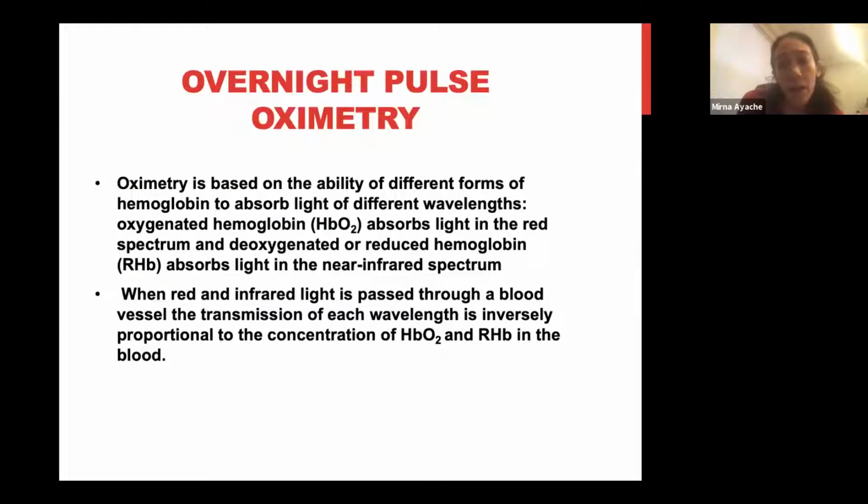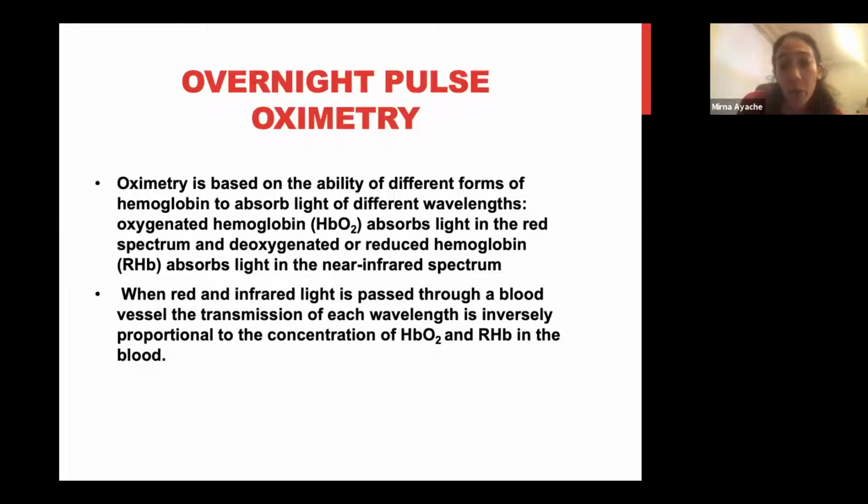So basic oximetry is based on the ability to differentiate 2 forms of hemoglobin, the oxygenated hemoglobin and the deoxygenated hemoglobin, and is based on the absorption of light of different wavelengths. The oxygenated hemoglobin absorbs light in the red spectrum, and the deoxygenated hemoglobin absorbs light in the near infrared spectrum.